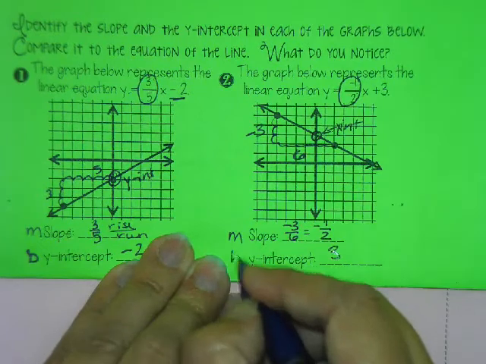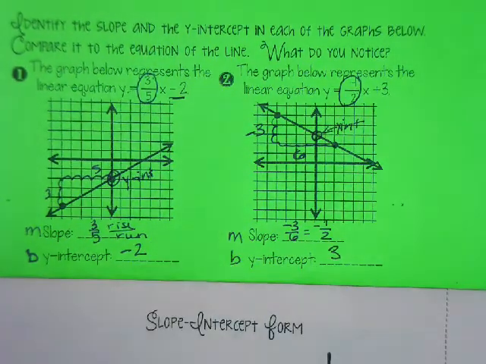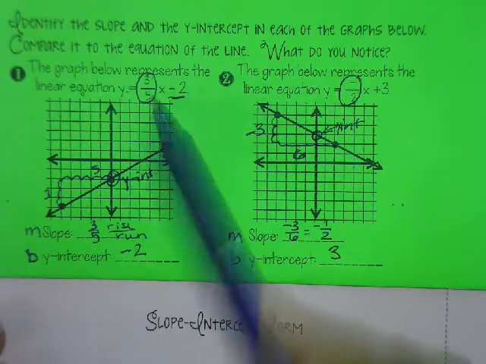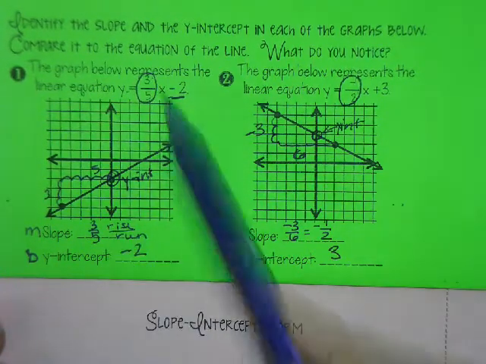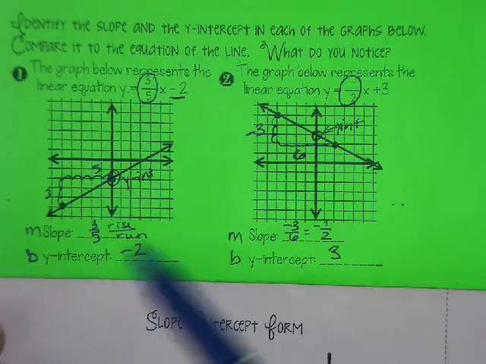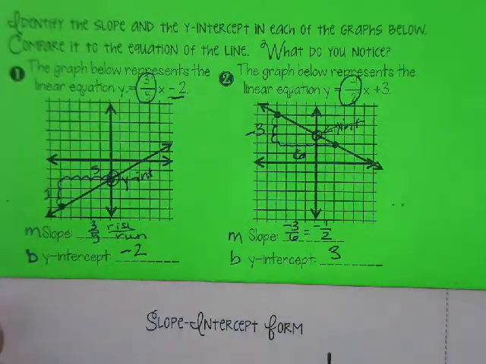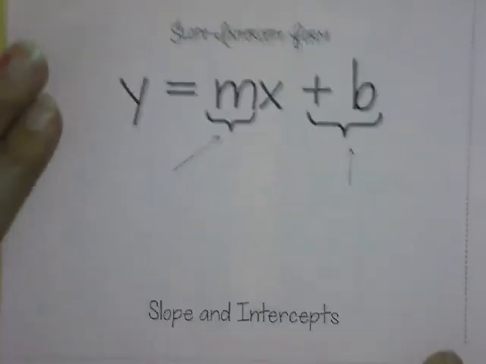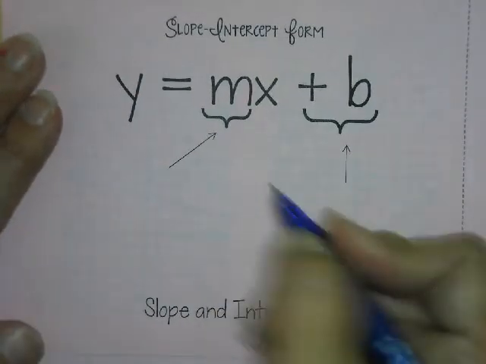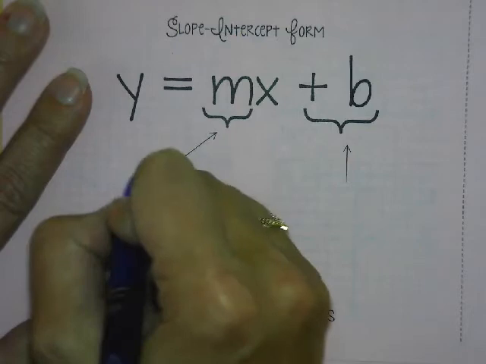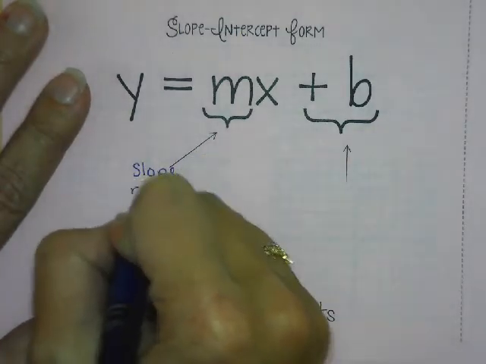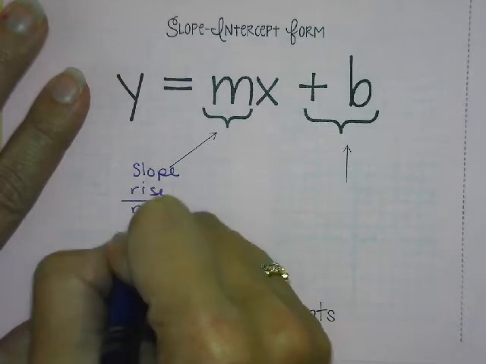+3. So when we talk about y equals mx plus or minus b, m is our slope. It's the number in front of x, the coefficient of x. B is our constant. It's that number that's all alone. So let's break this down into pieces. Y equals mx plus or minus b. This is our slope. This is our rise over run.